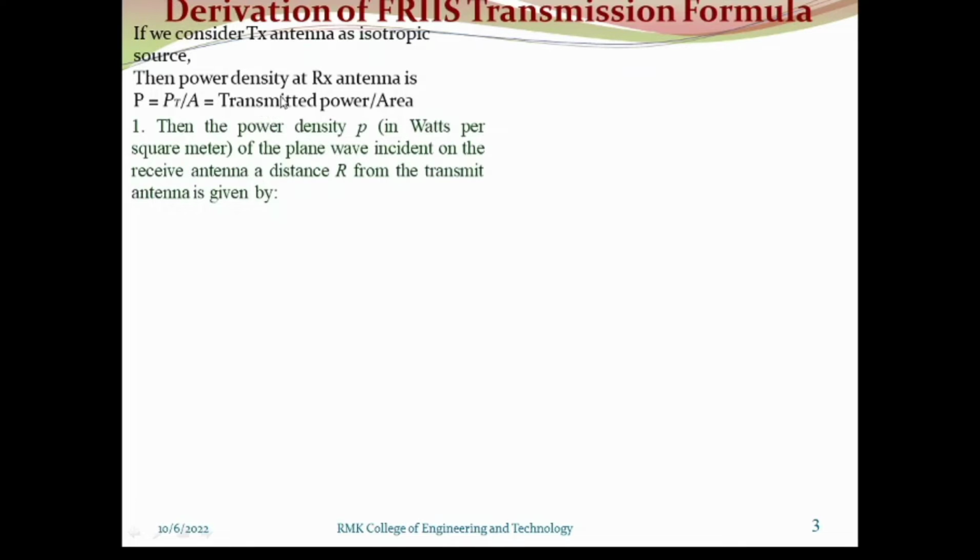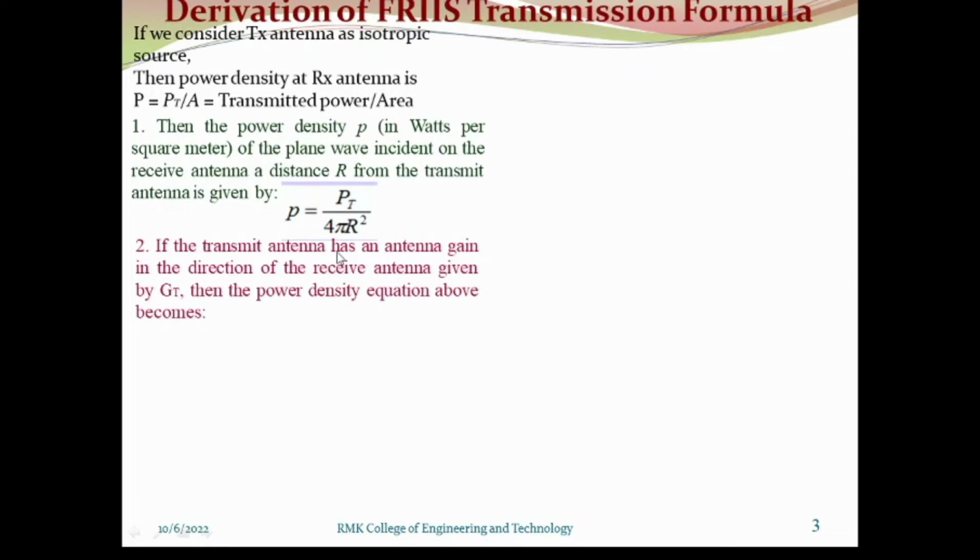The power density at the receiving antenna can be calculated as P equals PT by A, where PT is the transmitted power and A is the area. So the power density P of the plane wave incident on the receiving antenna at distance r from the transmitting antenna is given by the transmitting power divided by 4 pi r squared.